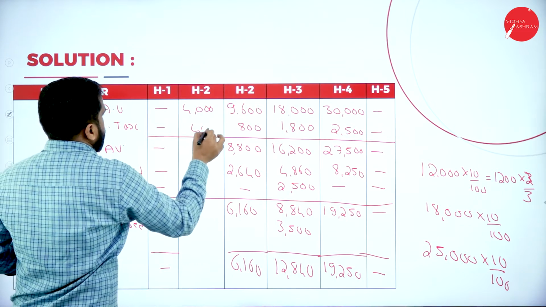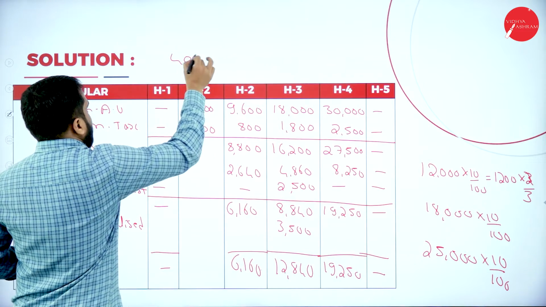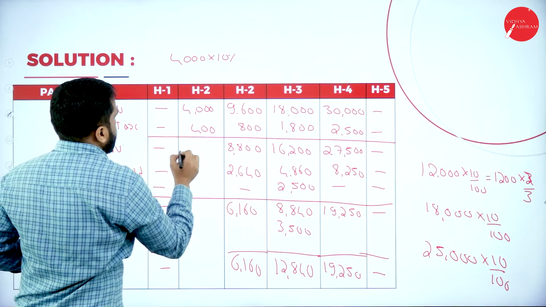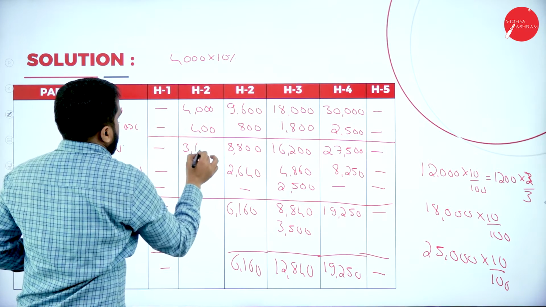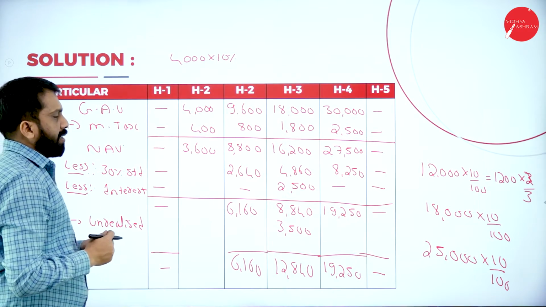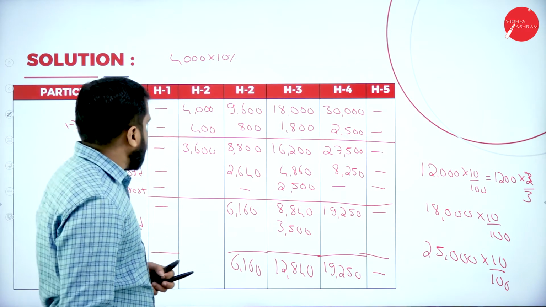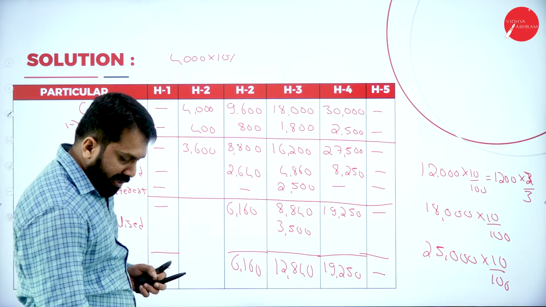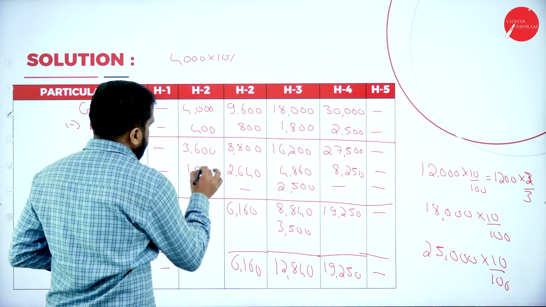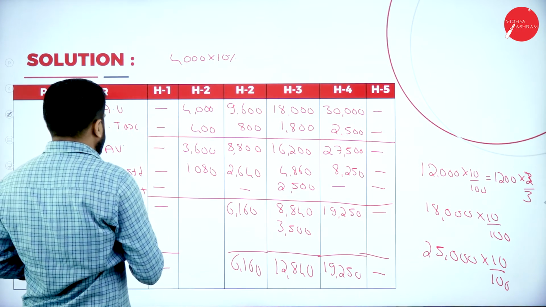Municipal tax will be 400, because 4,000 into 10% is 400. This will be 3,600, and 30% standard deduction will be calculated. So 3,600 into 30%, how much do I get? 1,080.